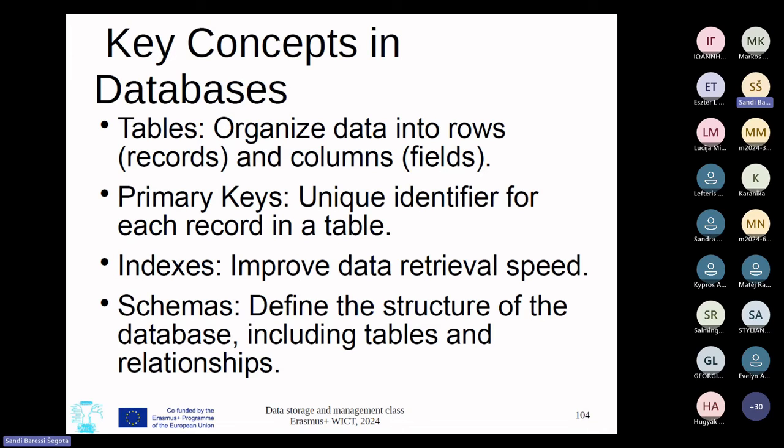Indexes are basically a lookup table that tells you, hey, this is how this is structured, this is where you can find individual students, etc. And schemas define how the tables are connected. For example, I have a table of professors and a table of students, and I may not be able to directly connect them. Or, for example, classes.